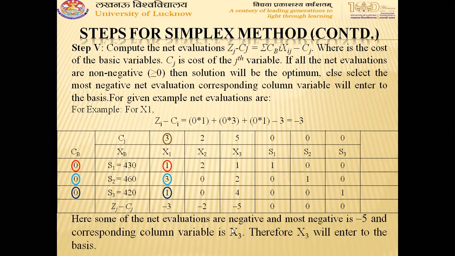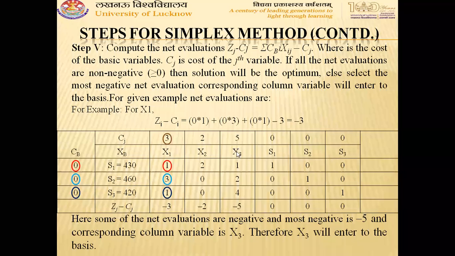You can calculate it in the same manner, multiplying elements of CB with the corresponding elements of s1 and subtracting Cj from that. So here three net evaluations are negative, so we cannot say that it is an optimum solution, and we find the most negative, or minimum. Among minus 3, minus 2 and minus 5, minus 5 is the most negative, or minimum. So the corresponding column variable will enter the basis.